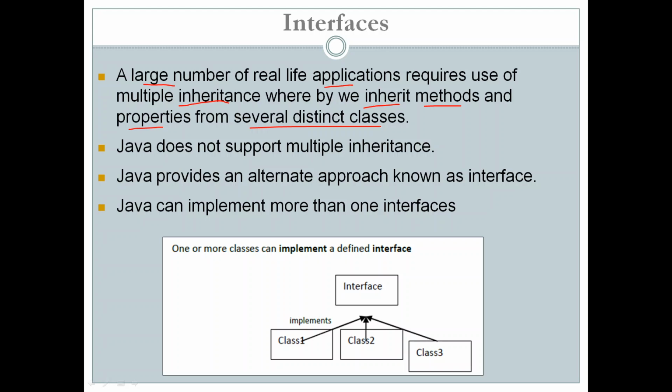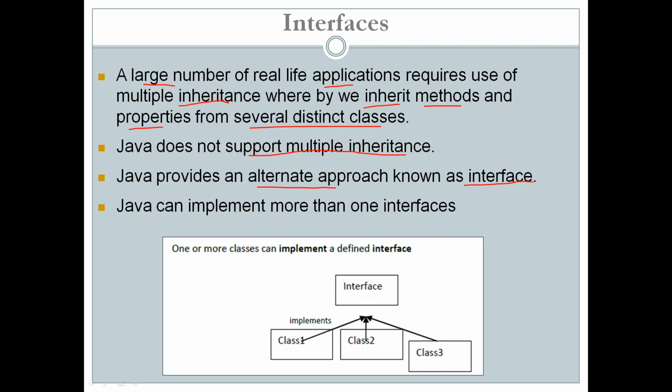That is called multiple inheritance, inheriting from multiple different sources. But as you know, Java doesn't support multiple inheritance. Means in Java you cannot inherit from multiple different sources, but Java does provide an alternate approach, and this approach is called interface.